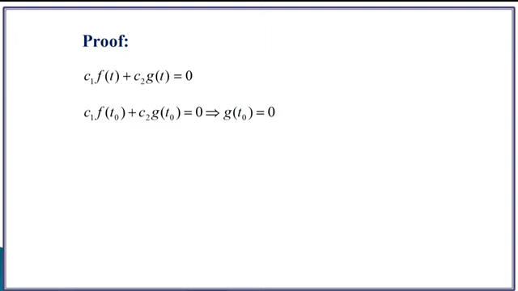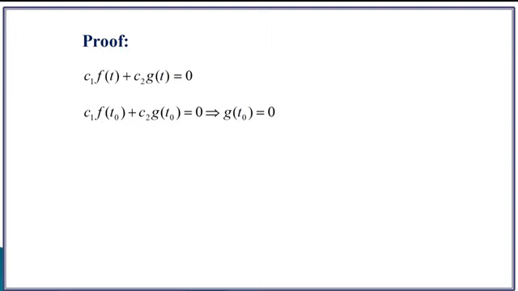If C1 becomes 0, then C2 g becomes 0, so g is 0. Similarly, if C2 is 0, then f is 0. So for linearly dependent functions where f and g both are non-trivial, that means non-zero, C1 and C2 both are non-zero. This is the first observation we can make.